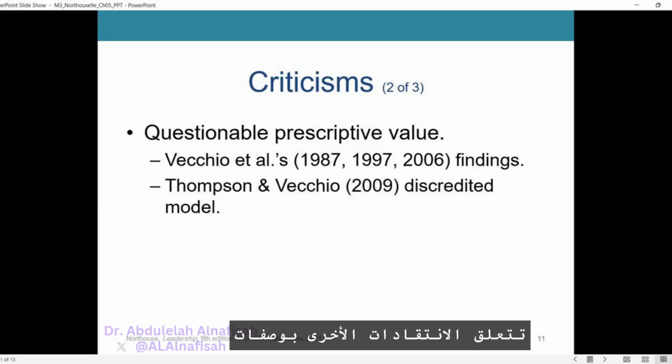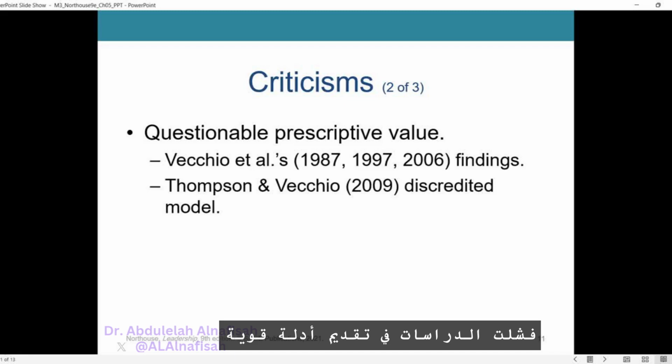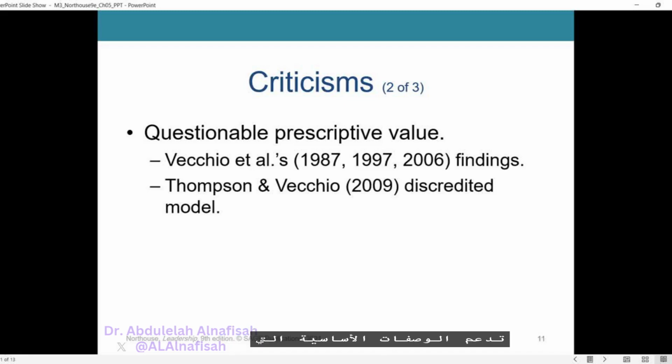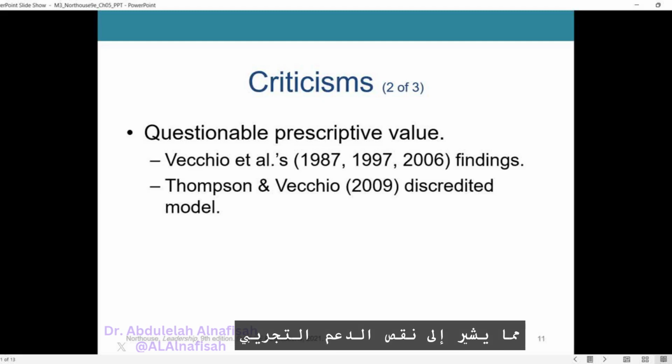Further criticisms relate to the model's prescriptions regarding matching leader styles with follower development levels. Studies have failed to provide strong evidence supporting the basic prescriptions proposed by the model, indicating a lack of empirical support for its effectiveness in different contexts.